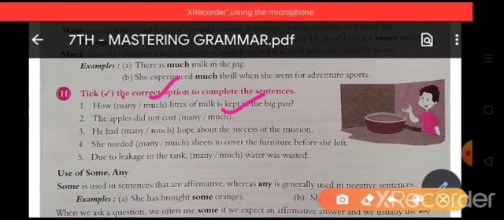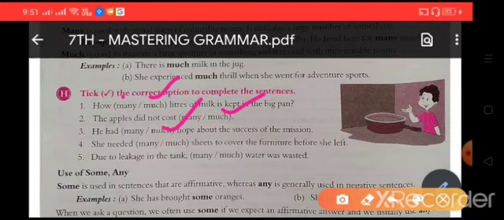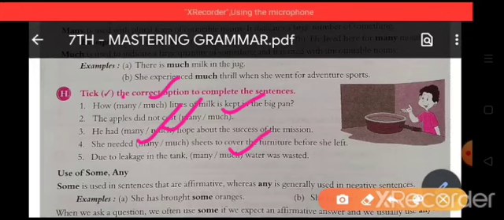He had much hope. She needed much or many sheets to cover the furniture before she left? She needed many sheets. Due to leakage in the tank, much water was wasted.